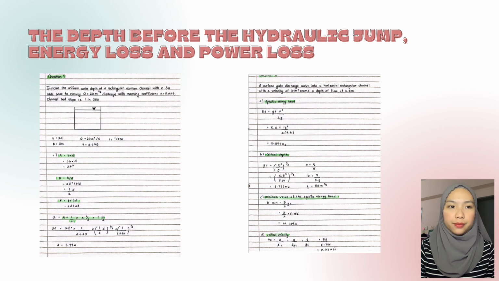Then for the fourth step, which is Q equals A times 1 divided by n, times R to the power 2 over 3, times S to the power 1 over 2. So here's the formula, and then we fill in all the numbers in the formula, and the answer that we will get is 1.99 meter.